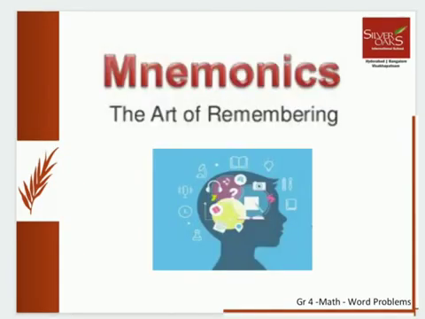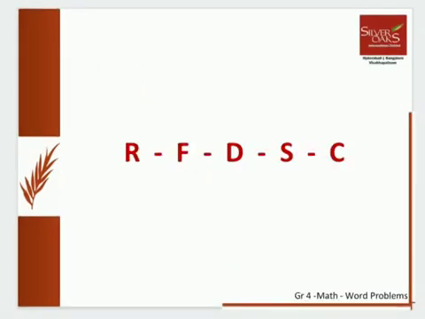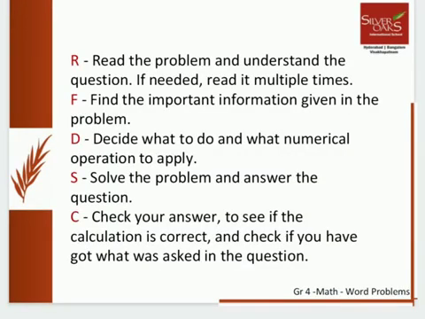A mnemonic is a pattern of letters to help us remember something well. The mnemonic used to decide what to do in a word problem is R, F, D, S, C. Let us now explore what this RFDSC is.